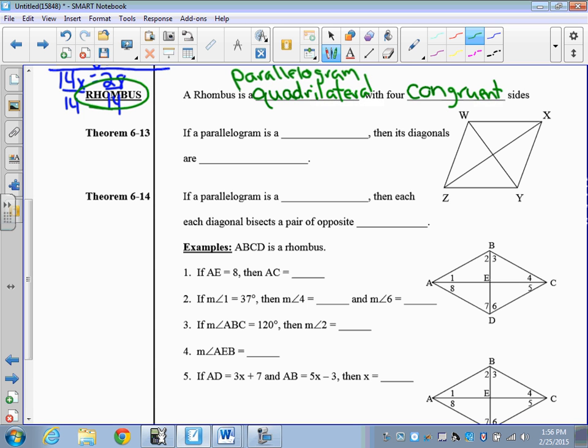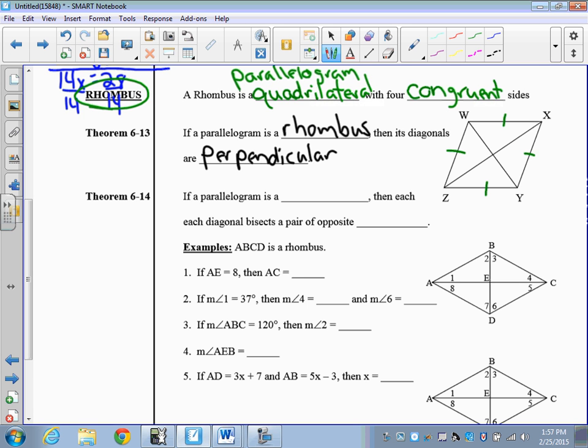So if we have a rhombus here, there will be 4 congruent sides. A rhombus has a couple of special properties. The first one is if a parallelogram is a rhombus, then its diagonals are perpendicular.